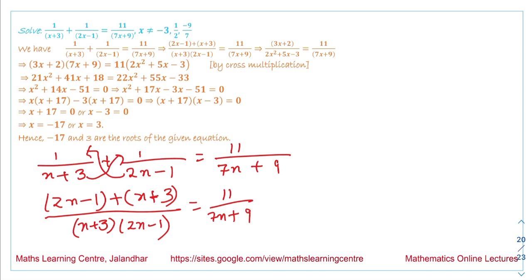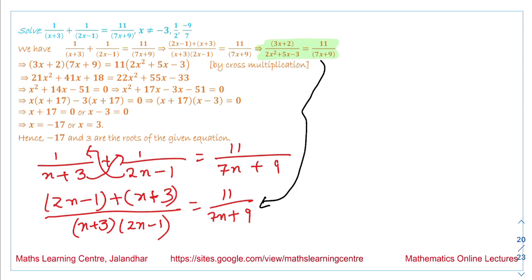On solving these terms, you will get 3x plus 2 over 2x square plus 5x minus 3, equal to 11 over 7x plus 9.